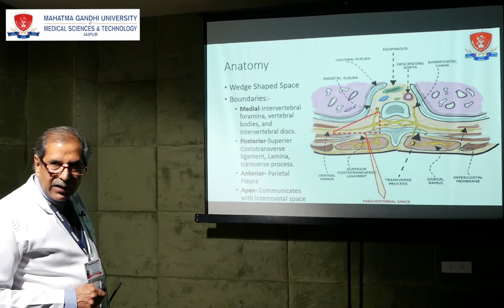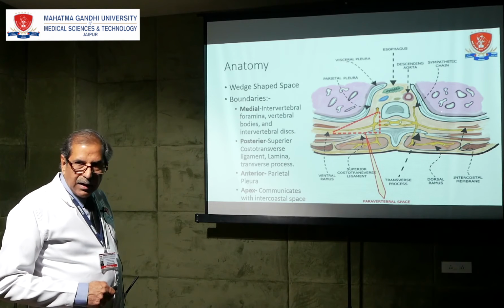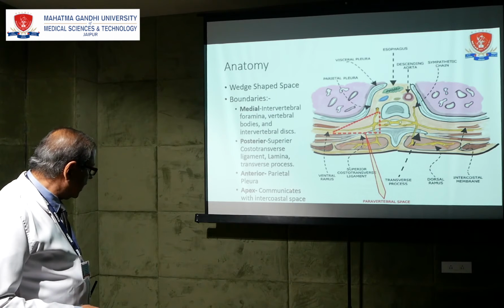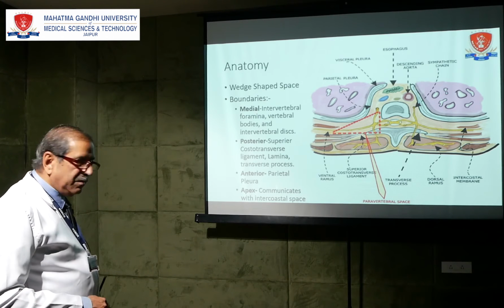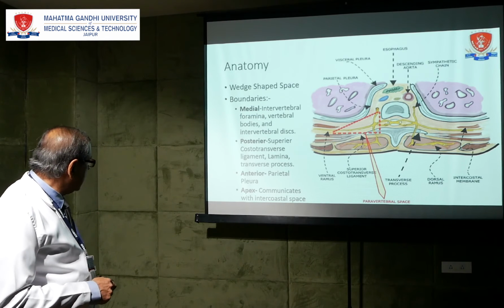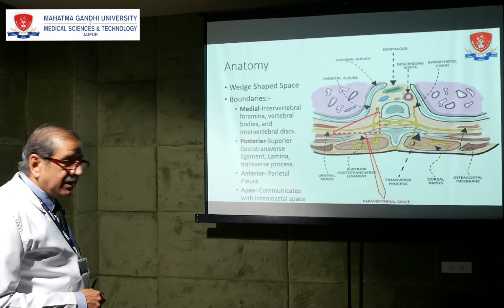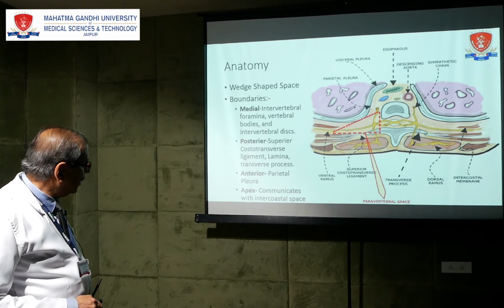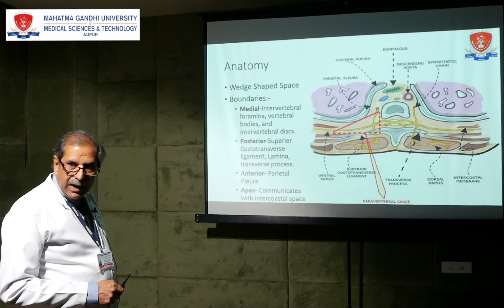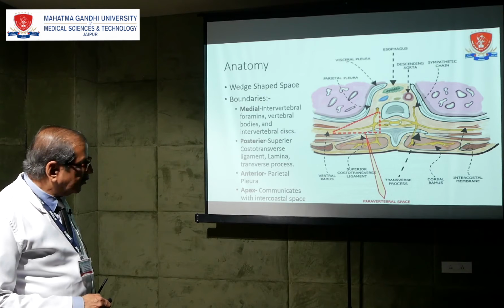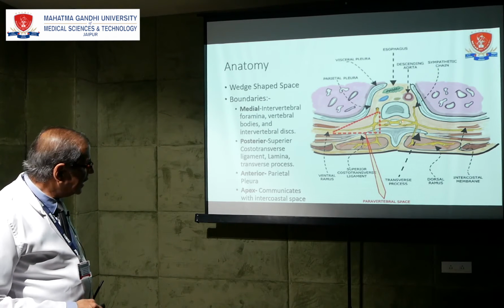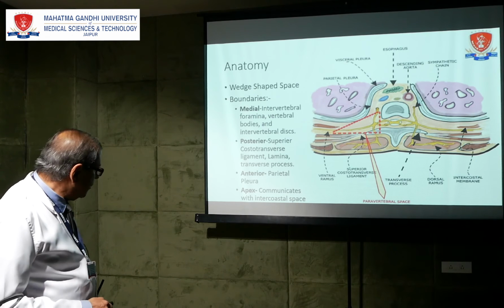So, it can ascend cranially as well as caudally. But with this kind of a communication, there is a possibility of lateral spread, and through the intervertebral foramina there is a possibility of excess of the local anesthetic in the neuraxis, and that can result into a more extensive block, and when a large volume is given, it can result into an epidural block.